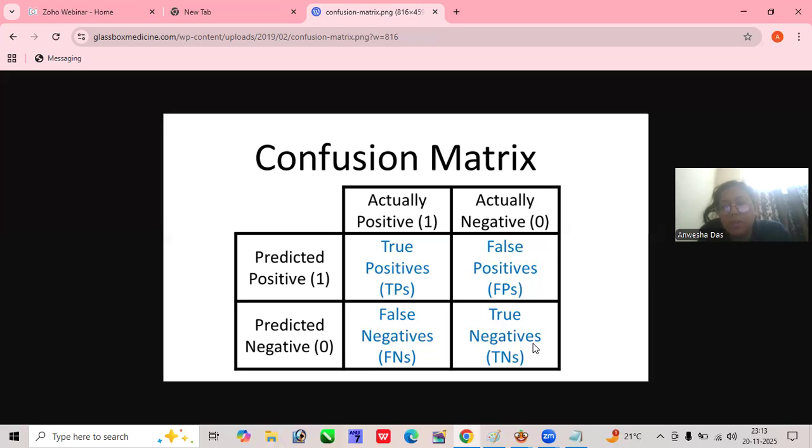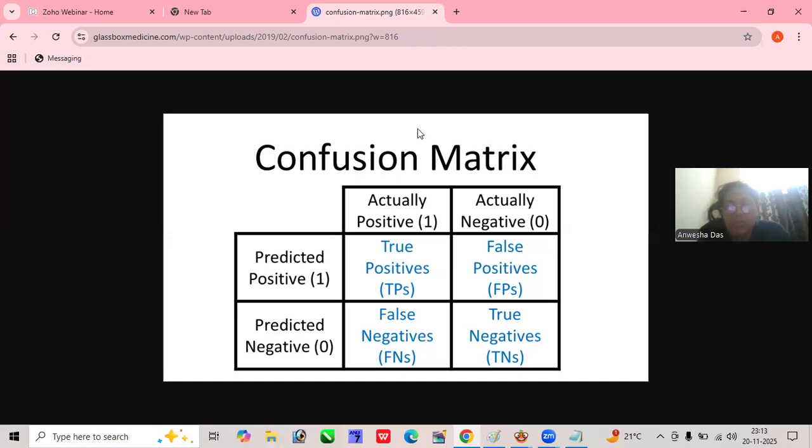Actual 0, prediction 0. It will be part of true negative. You are not suffering from pneumonia, your test report is negative. Actual true, prediction true is true positive. Actual false and prediction false is true negative. I hope you understood the true positive and the true negative. There is no confusion.